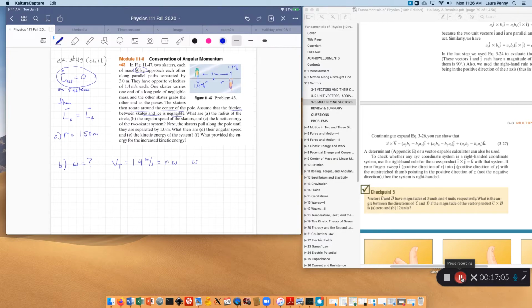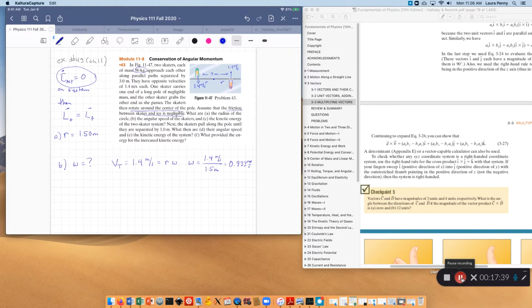So omega is 1.4 meters per second divided by 1.5 meters, which gives me an angular speed of 0.933 radians per second. So that's part B. This is nice, it has all of our words. I'm trying to make sure we get our vocabulary here.